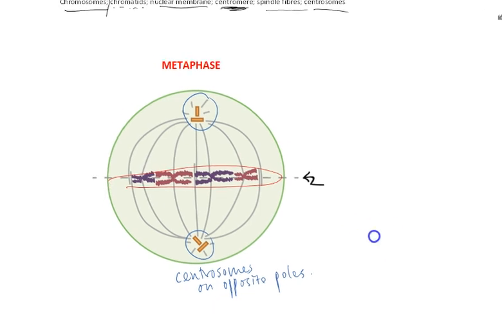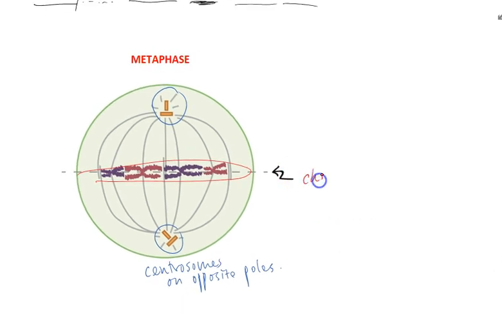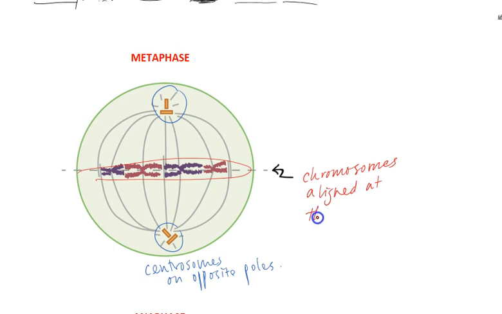So we see here that the chromosomes are aligned at the center of the cell. Some people call this line in the center of the cell the equator. Some people call it the metaphase plate. There are a few names for this, but we find the chromosomes lined up at the center of the cell.